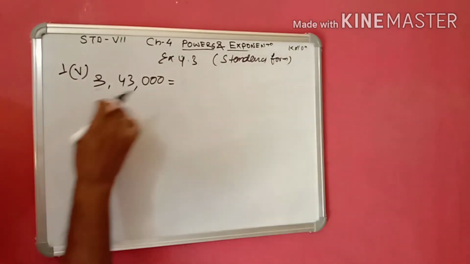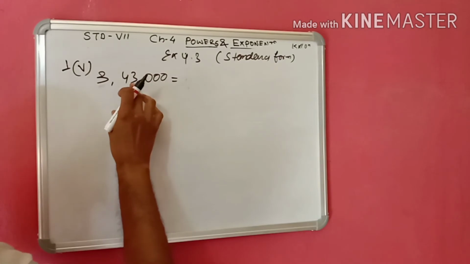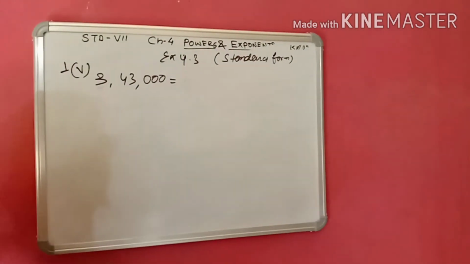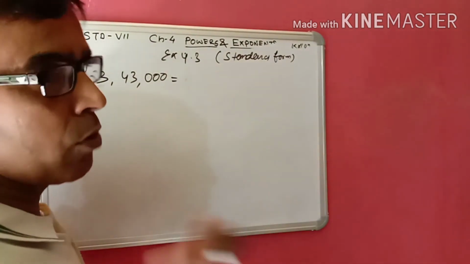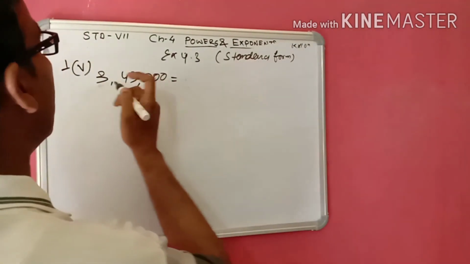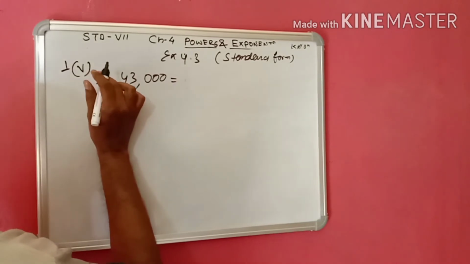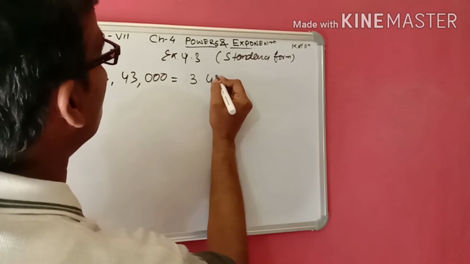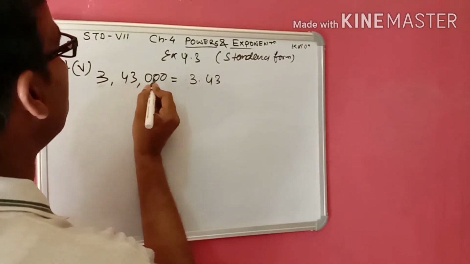Now 34300 means ones, tens, hundreds, thousands, ten thousands, lakh. Standard form means k is greater than or equal to 1 and less than 10, times 10 to the power n. So this is 3.43, and how many digits are there? 1 2 3 4 5.